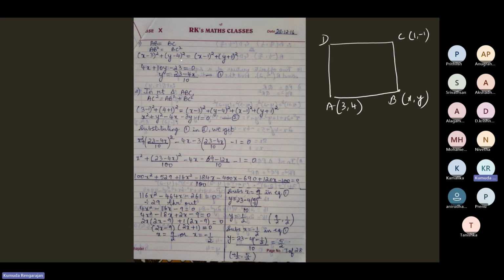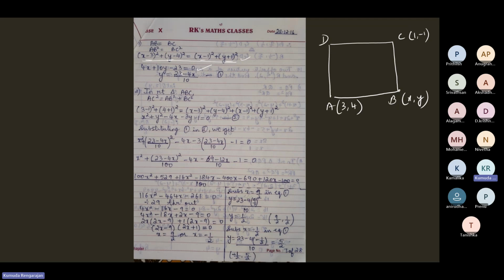So you know how to use the distance formula. All right. And when you expand this and simplify, you get 4x plus 10y minus 23 is equal to 0. Please expand all this. You have to work this out. You cannot, after this step, write this step. Please work it out, and you must get this equation 4x plus 10y minus 23 is equal to 0.